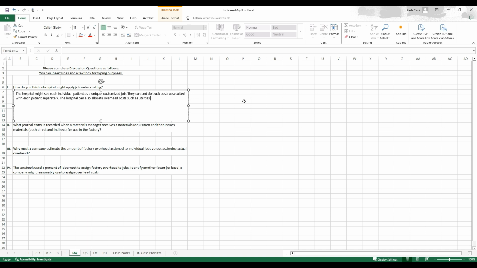But the one thing we need to differentiate here in terms of the problems, a lot of the problems we're seeing from a manufacturing perspective is, as we're allocating these costs in a manufacturing environment, that's going to be recorded as inventory. That wouldn't be the case in a hospital. They wouldn't see you as an inventory asset.